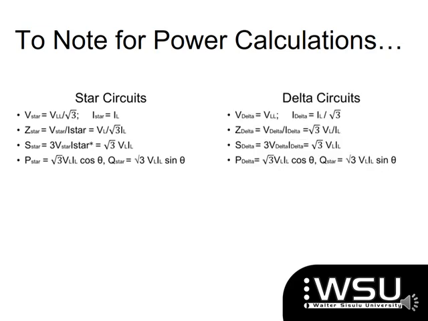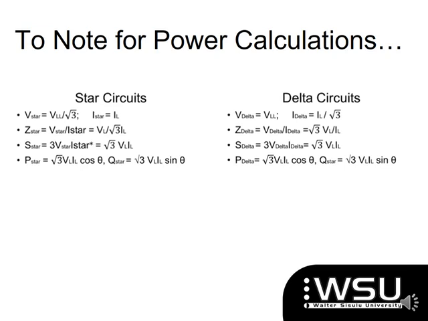Then in your delta connection, you must just remember that your delta voltage and your line voltage are one and the same thing, and your delta current that we refer to in there is actually your line current over the root of 3, because your phase currents are different from your line currents in a delta scenario.